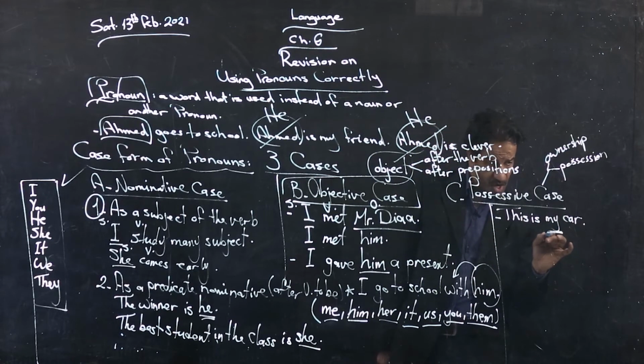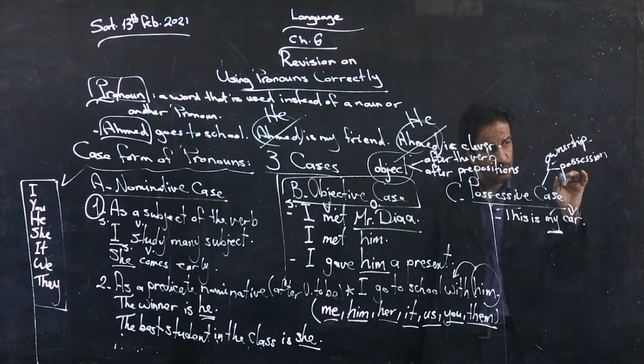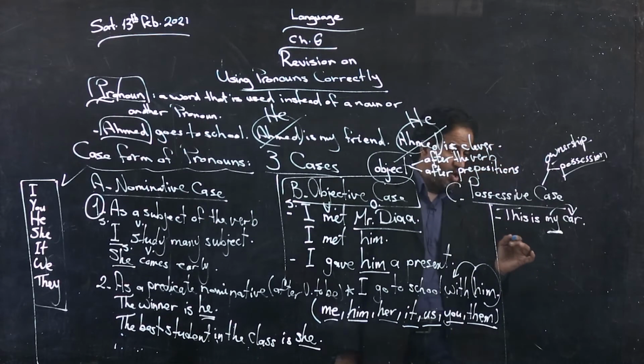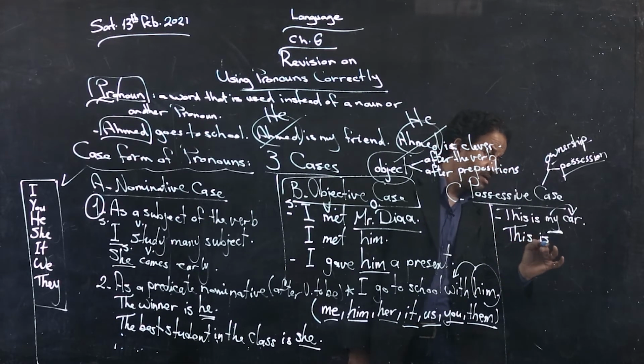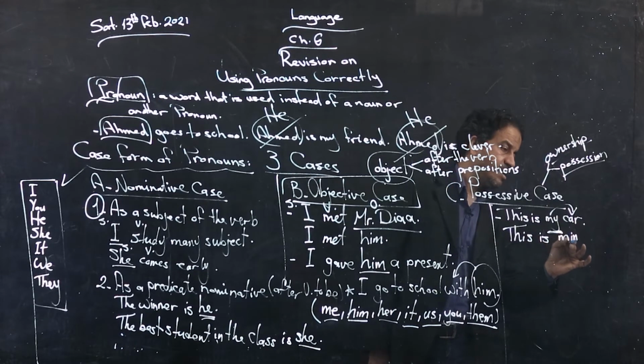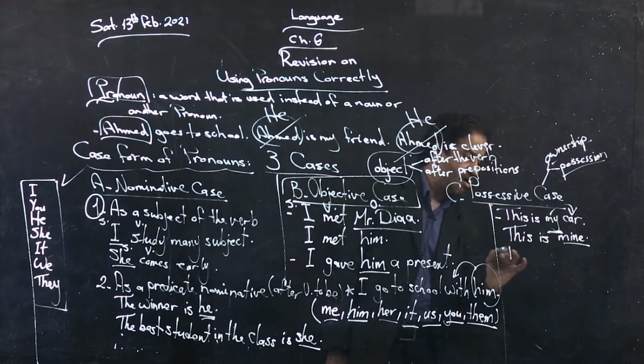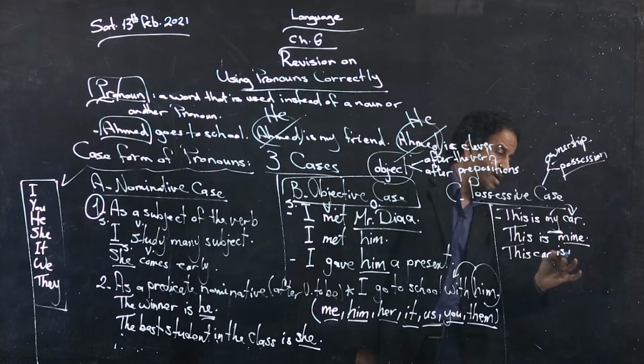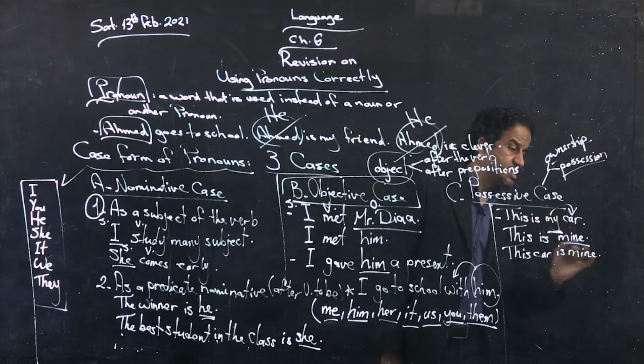The pronoun my here comes before car to show ownership, to show that I have this car. Also, we can say this car is mine.